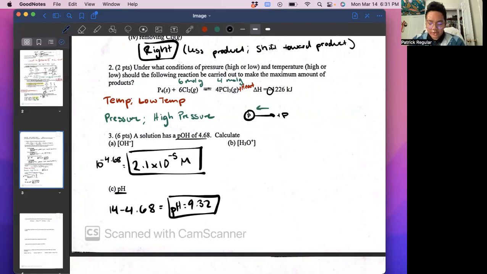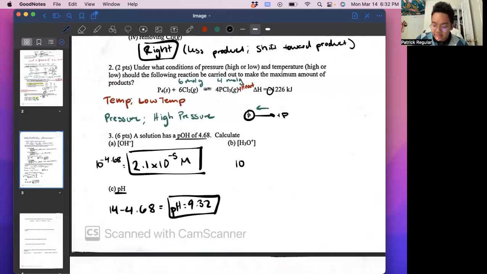All right. For H3O+, there are multiple ways of attacking this. So we could do 1 times 10 to the negative 14 divided by whatever concentration of OH we have. Personally, it's a little bit complicated, a lot more scientific notation that you deal with on the test and possibly mess up on. So what we could do is the same thing we did for A, but with the pH we solved for.